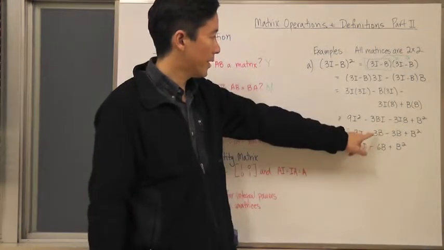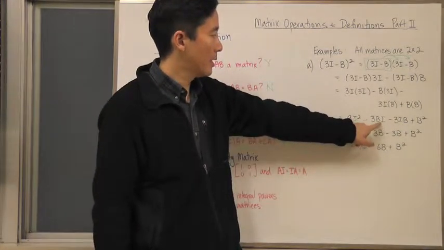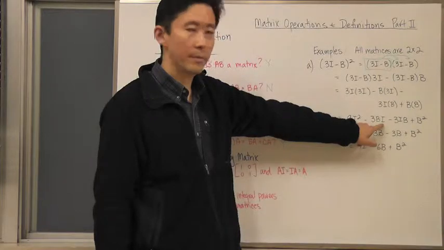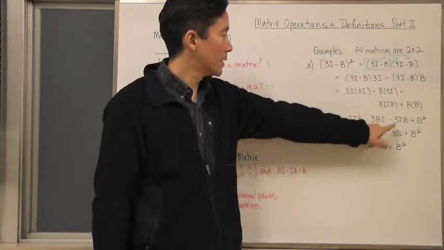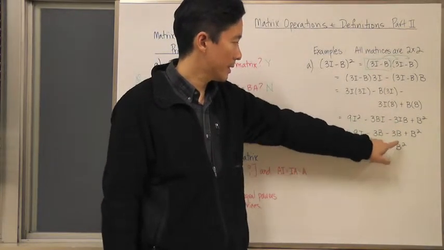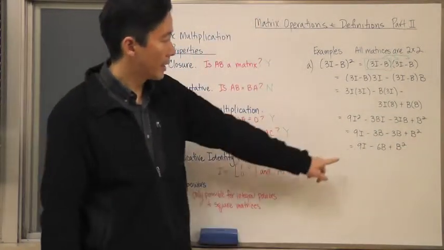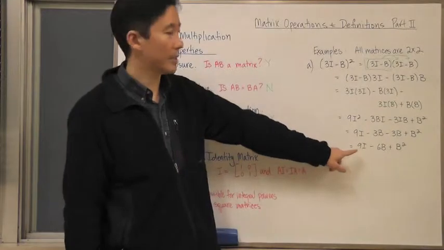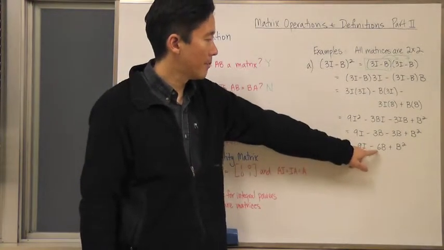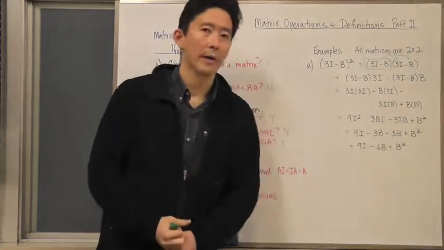This is going to be simplified to 3B because B multiplied by the identity matrix is just B. Same thing here. And this is just going to be B squared. So I can come up with a simplified form of this expansion: 9I minus 6B plus B squared.